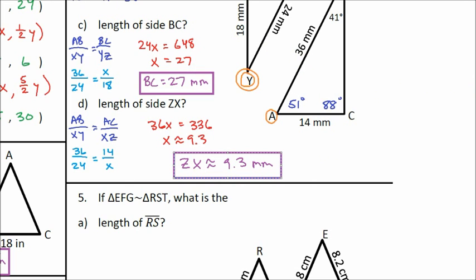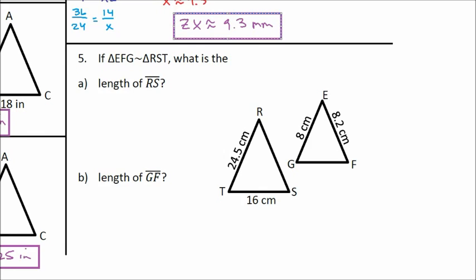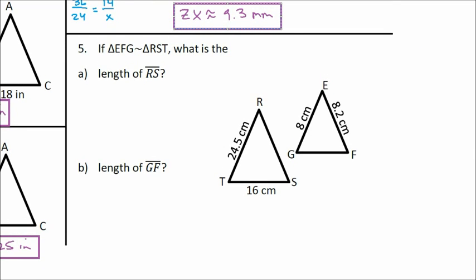So go ahead, we can do one more here. Let's go to number 5. Number 5, if triangle EFG is similar to triangle RST, what is the length of RS? Well, we're going to go through the same process. Let's write our proportionality statement. So I will do that first.